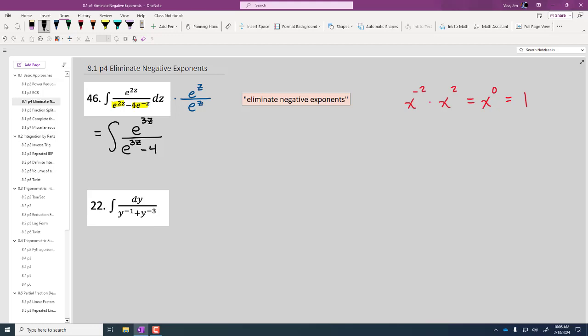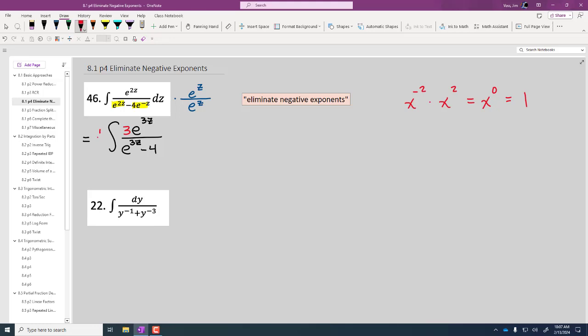Now, when we look at that, what form is that almost in? It's almost in log form. The derivative of that denominator: the derivative of negative 4 is 0, and the derivative of e to the 3z is e to the 3z times 3. So we force the numerator to look how we want it to look. But we can't just multiply by 3 there.